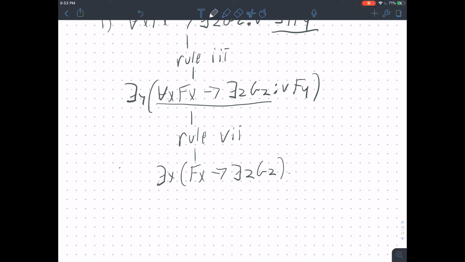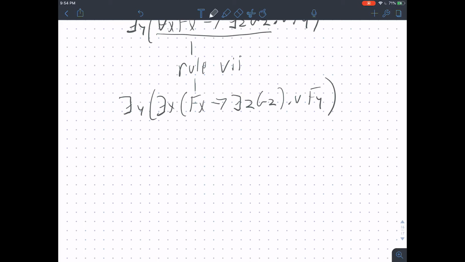And then I'm just going to fill in everything else. Because remember, if we're working with antecedents, the quantifiers change when we move them.